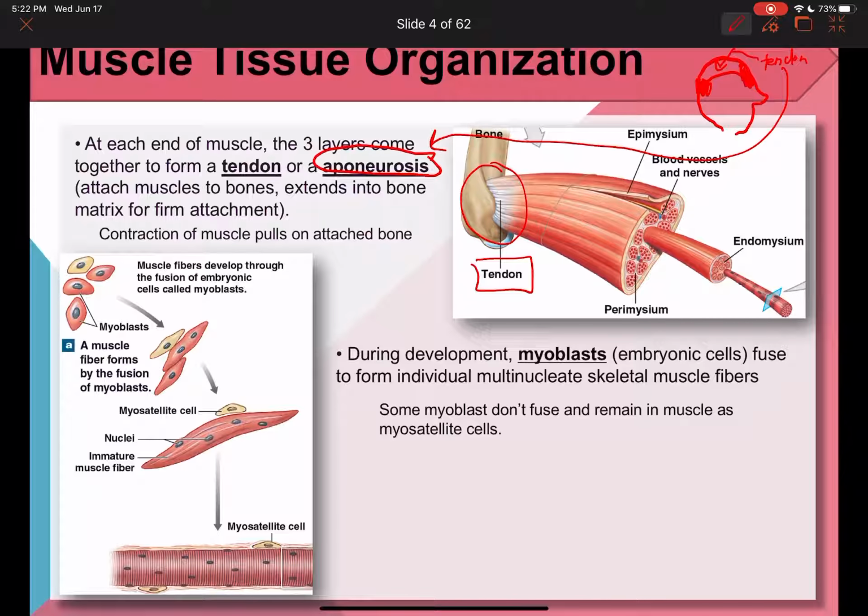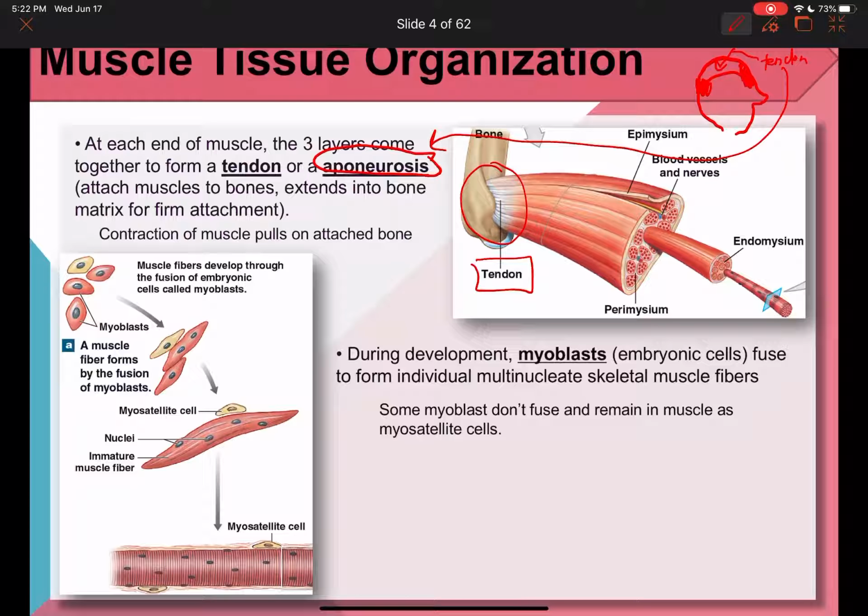Muscular dystrophy is degeneration of muscle fibers and muscle cells in a person, genetically speaking, and it just happens. There's nothing we can do to stop it. So can we put myosatellite cells, stem cells, back into these patients with muscular dystrophy and let them grow new muscle fibers and muscle so they can move and do everyday things? That's always a possibility.